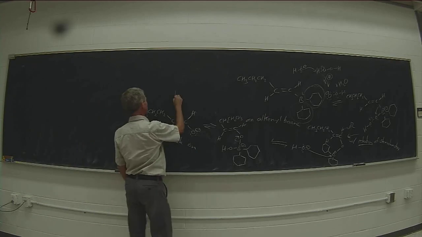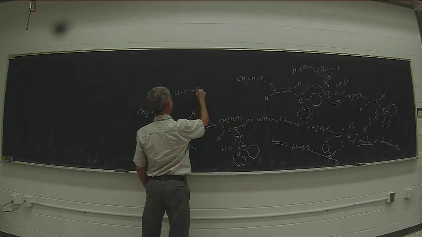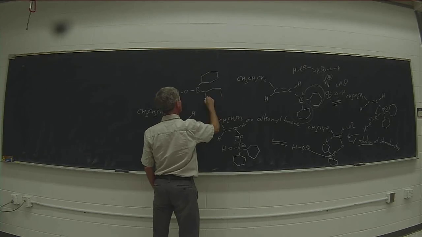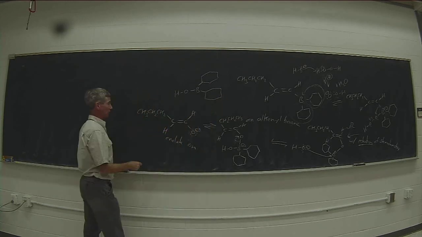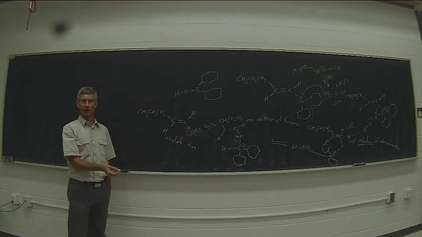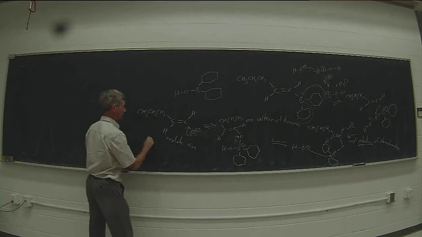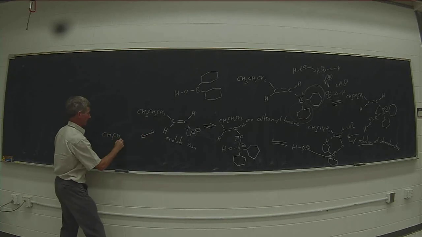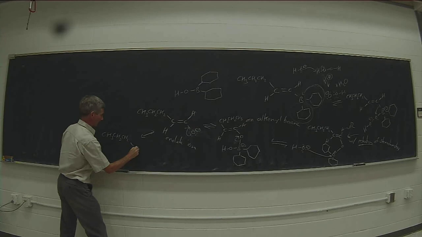And then the resulting boric acid can get deprotonated. I'm going to show it from the enolate form that has a negative charge on oxygen. Keep in mind that there is a resonance structure that has a negative charge on the carbon.